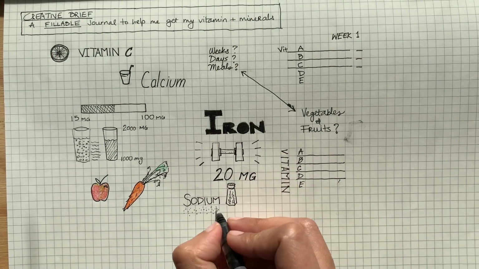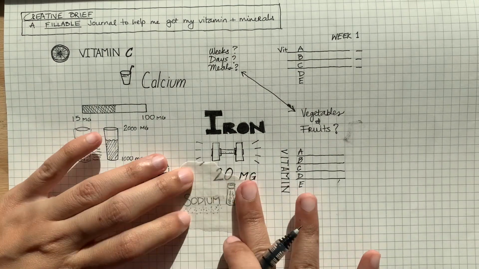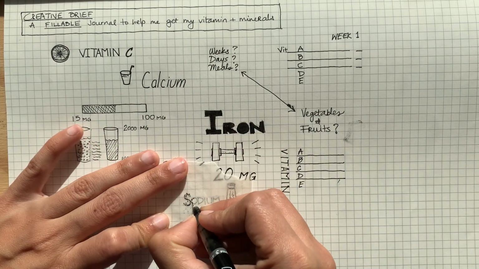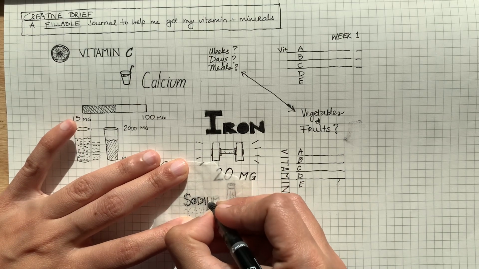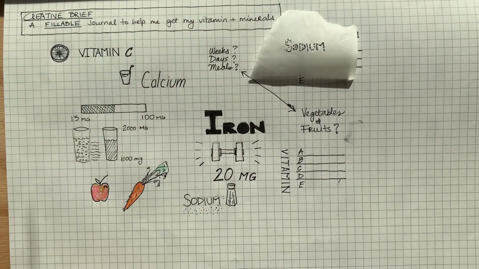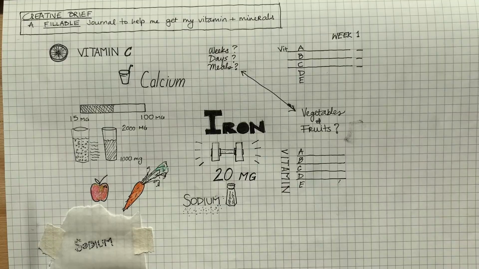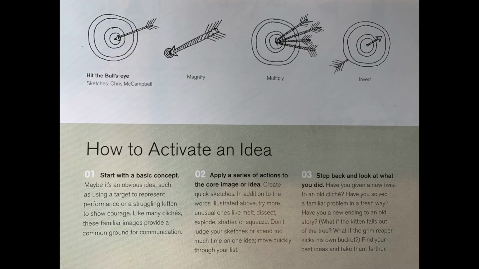And then here I am looking at the word sodium and thinking about how I want to activate that word. So I thought about what salt is, and I drew a little icon based on salt. And this is called activating an idea.